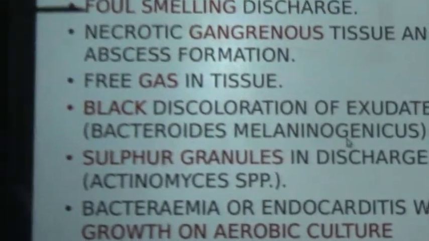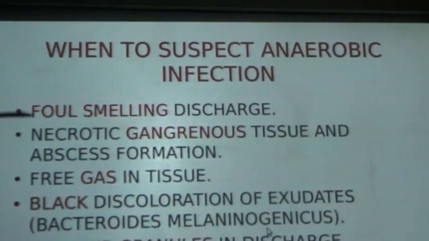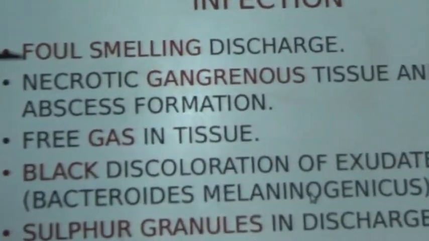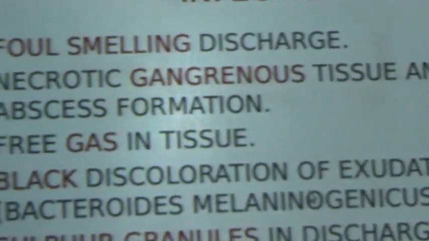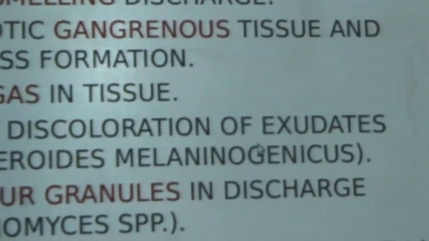Now, the question comes, when do you suspect anaerobic infection in a specimen? There are certain clues which may make you believe that this particular sample, this particular patient, may be having anaerobic infection.